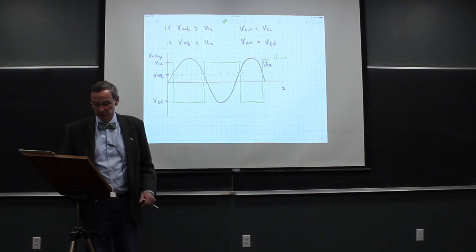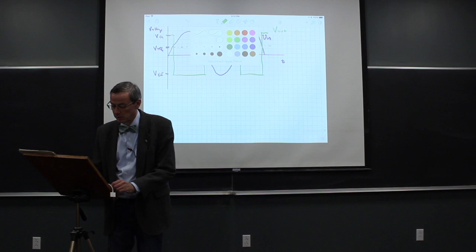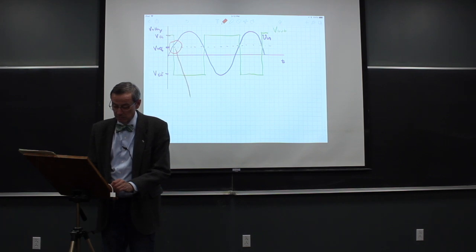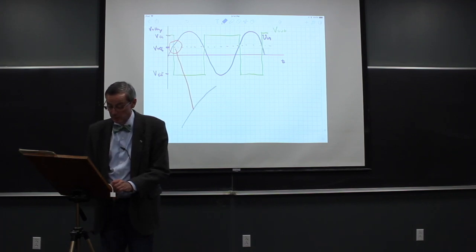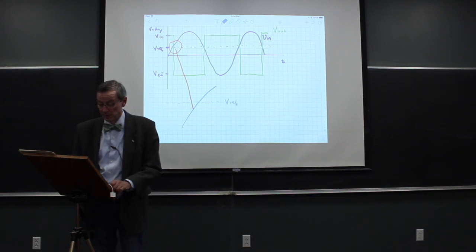There's one sort of interesting effect, though, with this that can happen. Let's zoom in to this region here and blow that up a little bit. So we have the input voltage and the Vref.